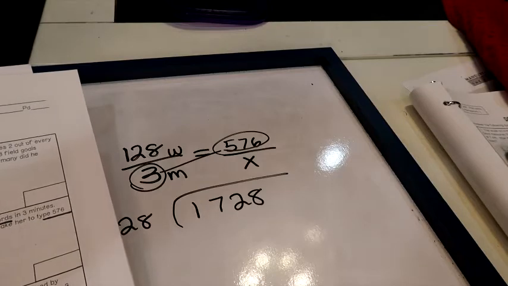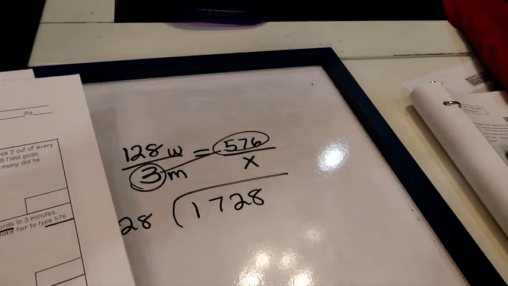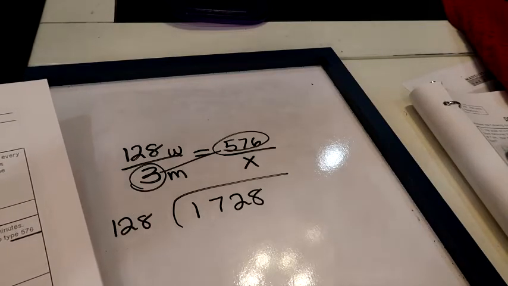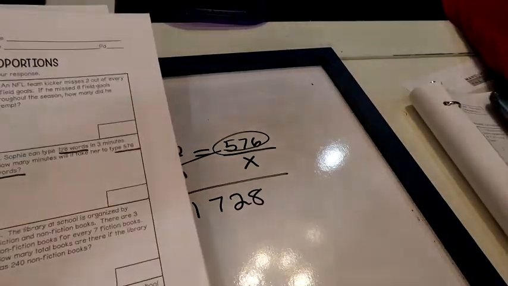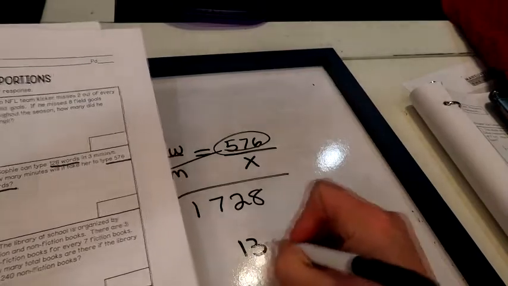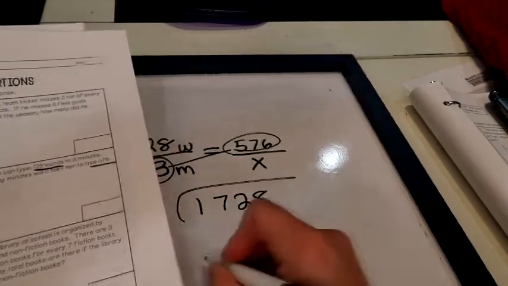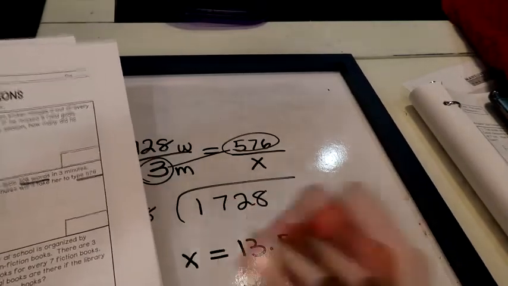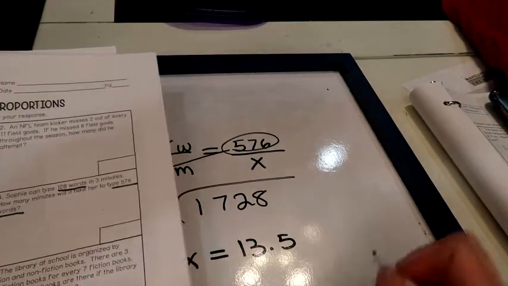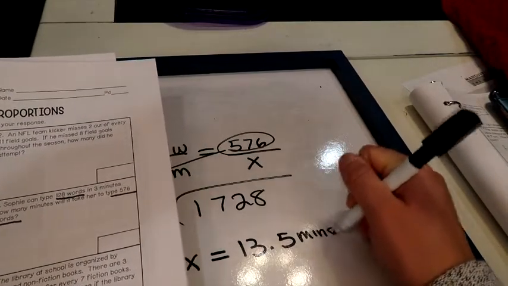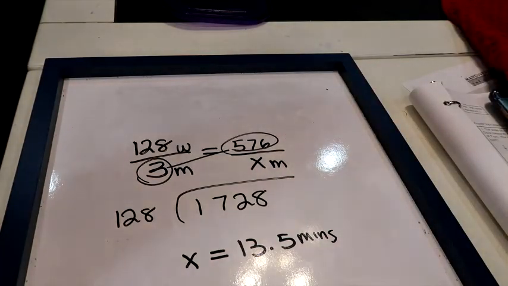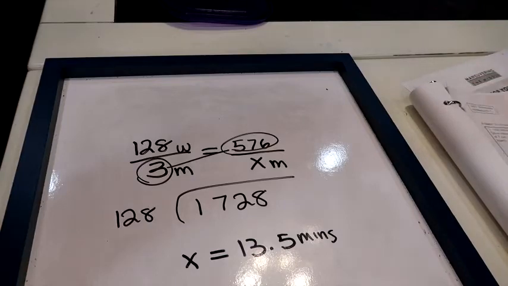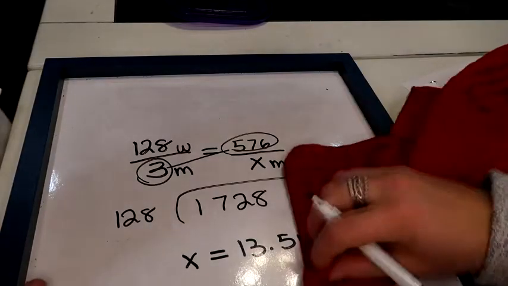So 1,728 divided by 128 gives me 13.5. X is equal to 13.5 minutes, because X is an M for minutes. All right. Halfway there.